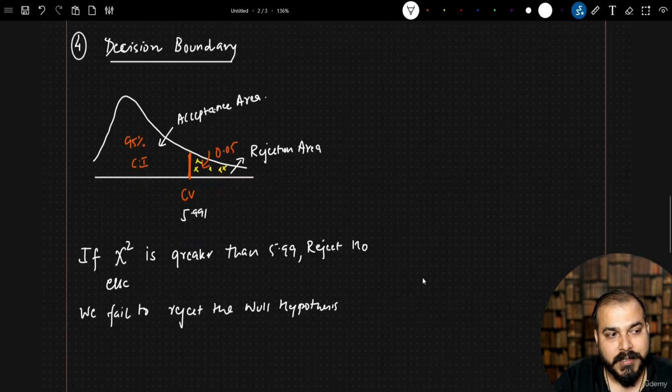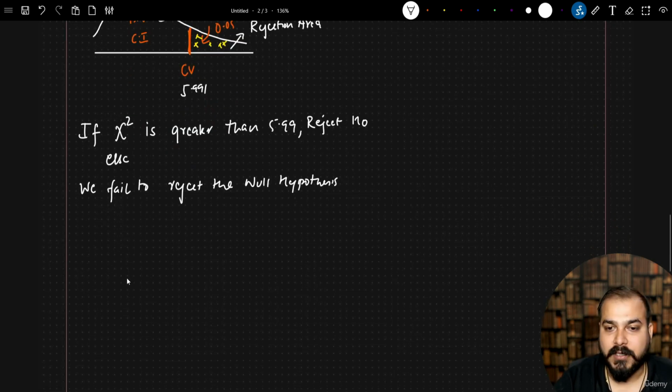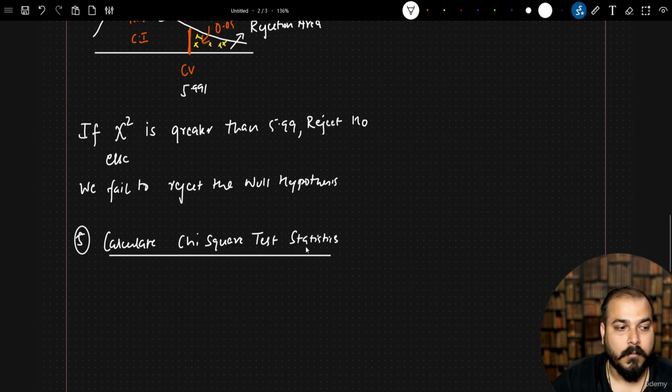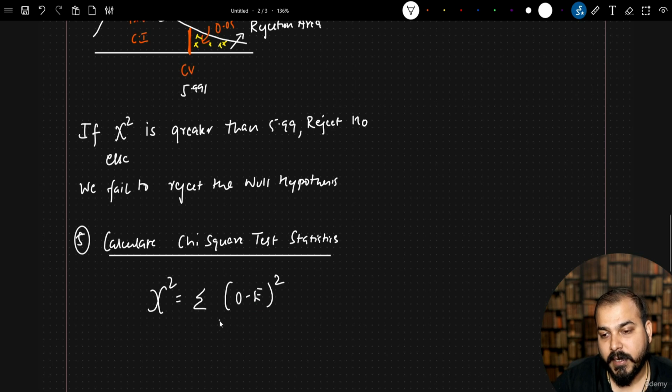Now let's go ahead and calculate the chi-square test. So this is my fifth step. We calculate chi-square test statistics. In order to calculate, I have this formula: sigma observed minus expected whole square divided by expected.